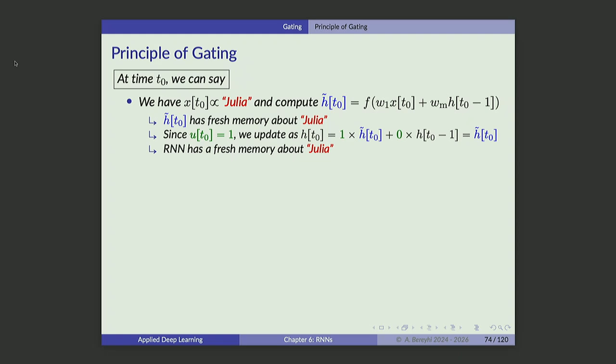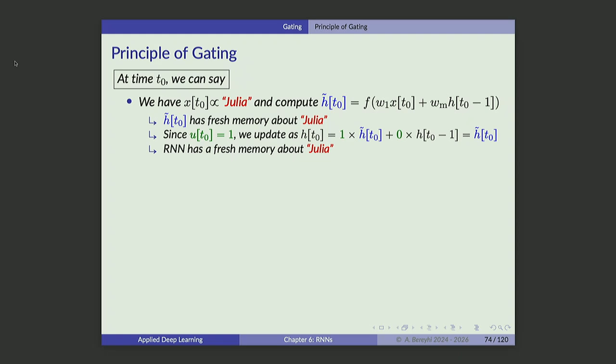So this is somehow skipping time. Everybody's cool? You see what happened? How does the network know that when x is Julia, it sets u to be 1? We do it later. We need to learn it as well. But right now I assume that it's given information, like I do know that I have it as 1.